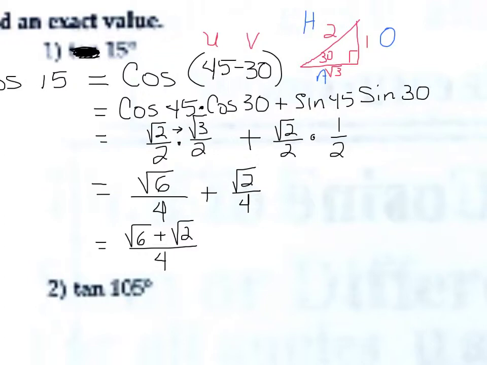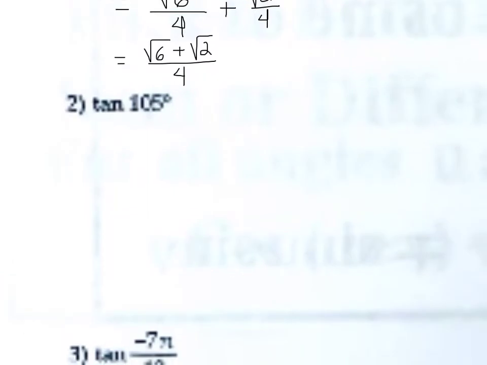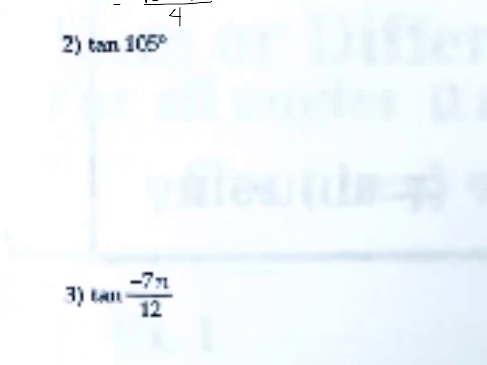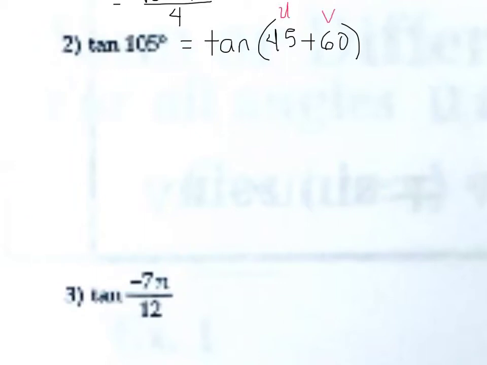Okay, next problem. Now let's practice with one using tangent. Tangent of 105 can be rewritten as tangent of the sum of two angles. Which angles? 45 and 60, that is good. So u can be 45, v can be 60.